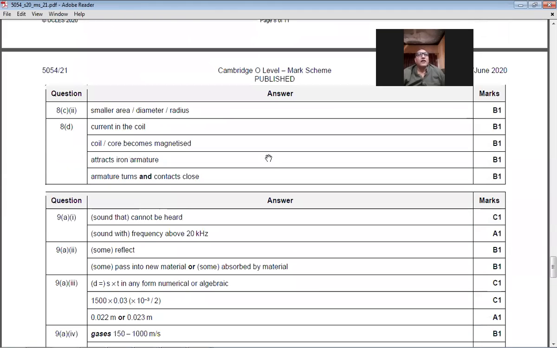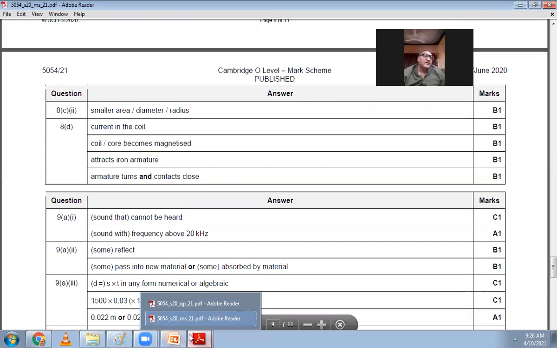Current in the coil, and the core becomes magnetized. 1 mark for telling that there is current in the coil, 1 mark for telling that the coil will become magnetized, 1 mark for telling that it attracts the iron armature, and 1 mark for telling that the armature turns and the contacts close. So this is how that lamp will switch on. I hope you will be able to write this answer. And let's go to the next part.